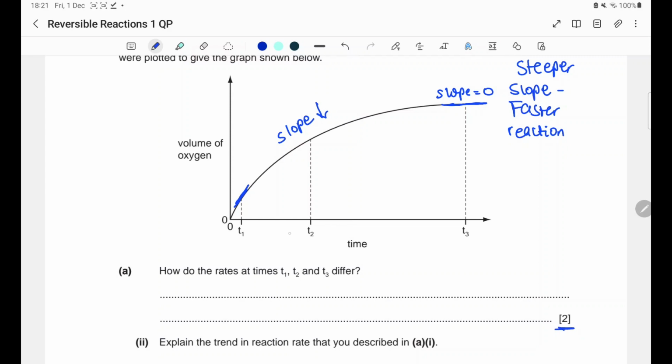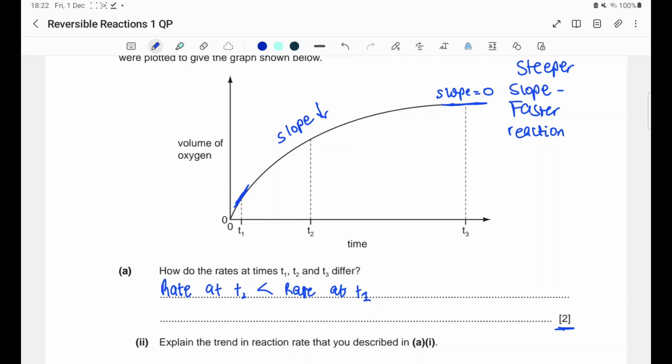So your first point will be that the rate at T2 is less than the rate at T1 because the slope is decreasing. So you will write rate at T2 is less than rate at T1. Here you do not have to give the reasoning why you ended up interpreting that. They did not ask you for your reasoning. They just asked you how do they differ.